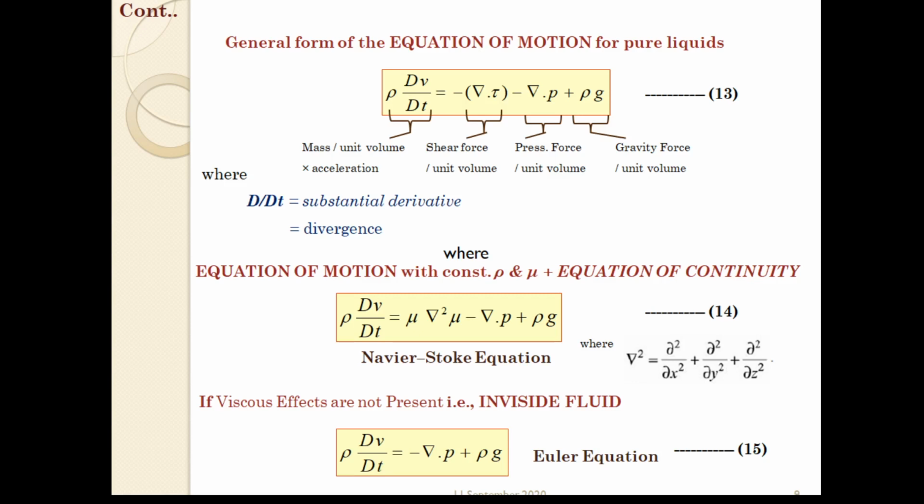Here rho Dv Dt is essentially mass per unit volume times acceleration, divergence of p is the pressure force per unit volume, divergence of tau is the shear force per unit volume, and rho g is the gravitational force per unit volume.